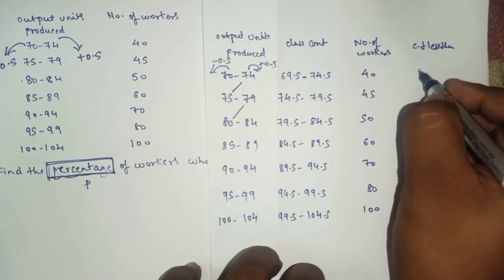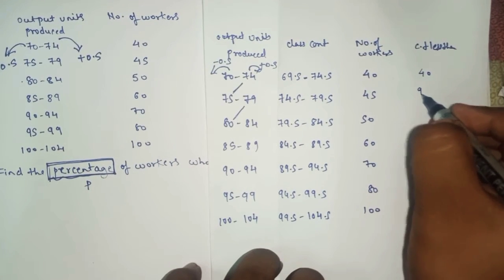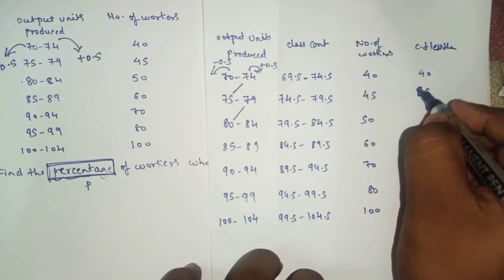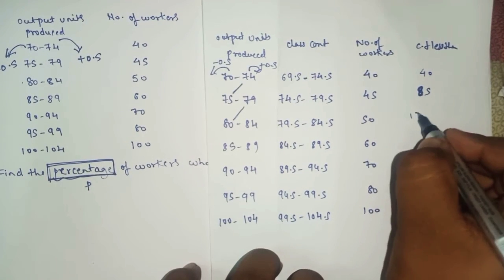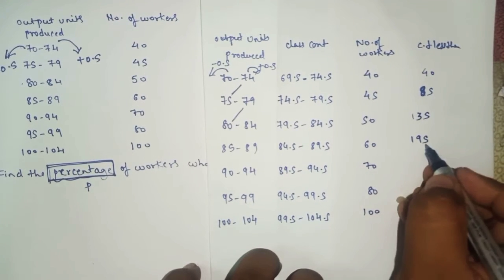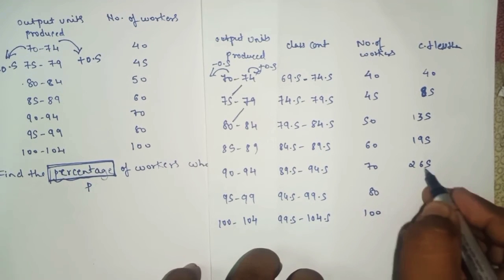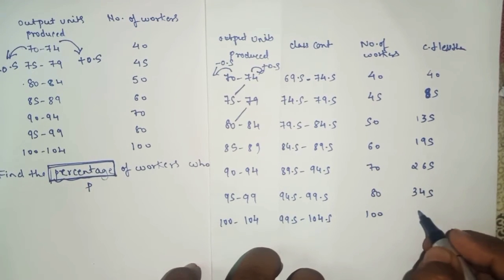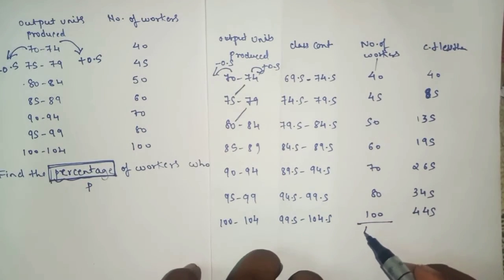The first number is the same, 40, then we keep adding: 40 plus 45 is 85, 85 plus 50 is 135, 135 plus 60 is 195, 195 plus 70 is 265, 265 plus 80 is 345, and 345 plus 100 gives 445.